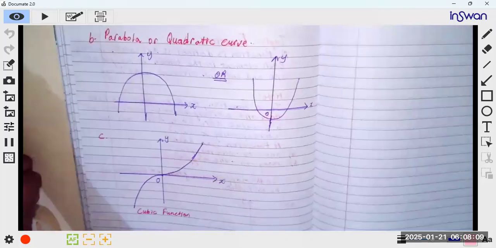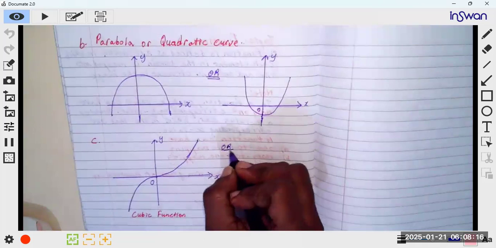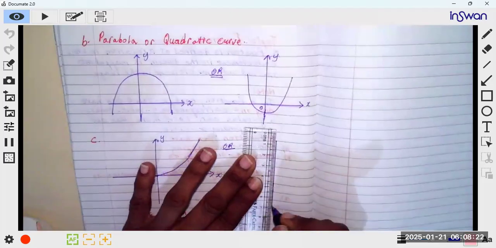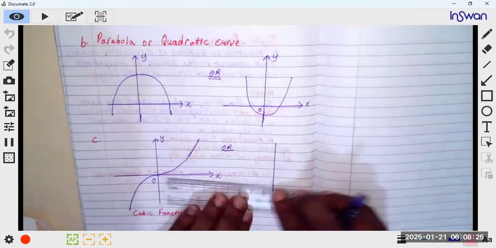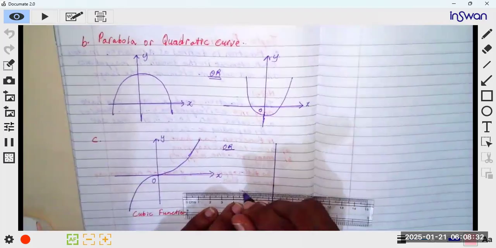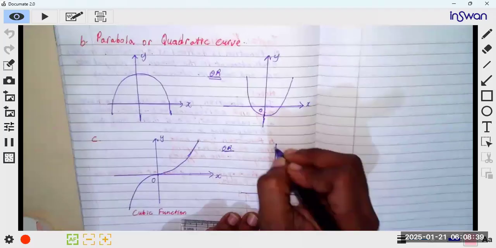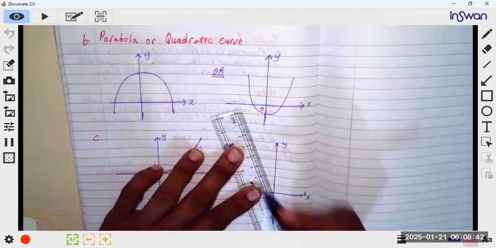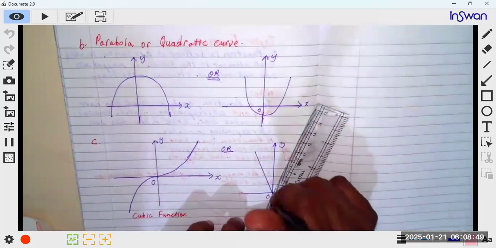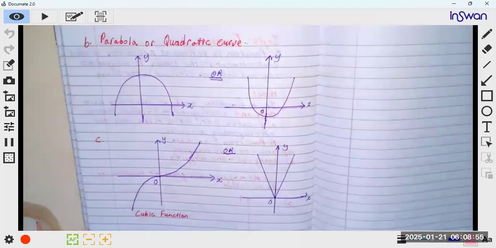And the next one is the modulus function. So your modulus function is like this. This is X, this is Y. 0 to be like this, and it's like this. All right, so that's what we call a modulus function.